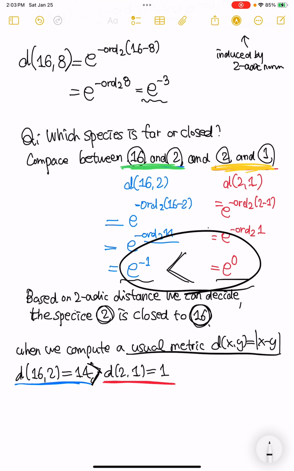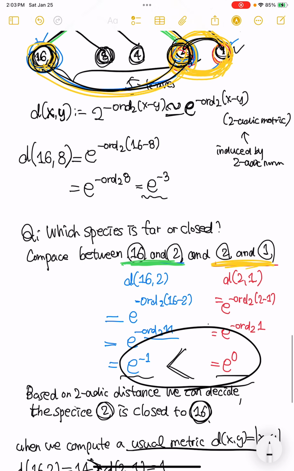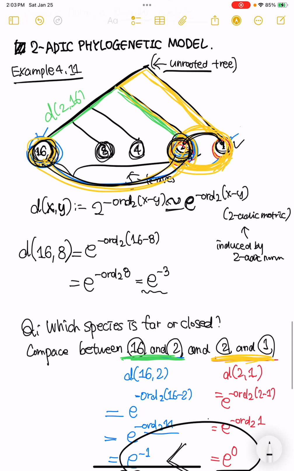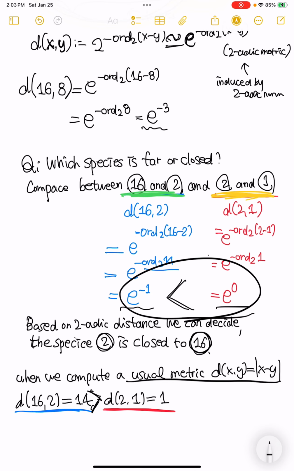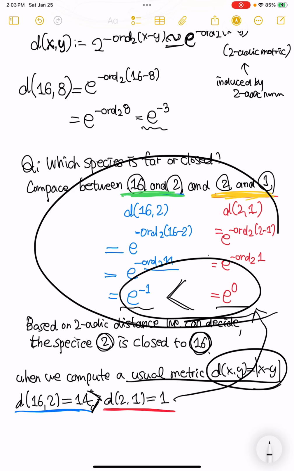So the usual metric does not explain this evolutionary model. Instead of a usual metric, a new metric should be introduced. That model is the two-adic phylogenetic model.